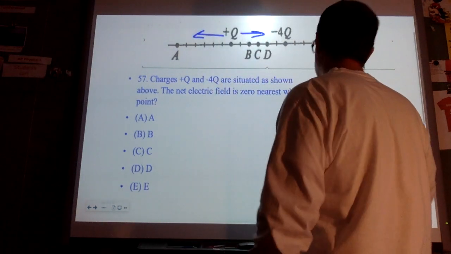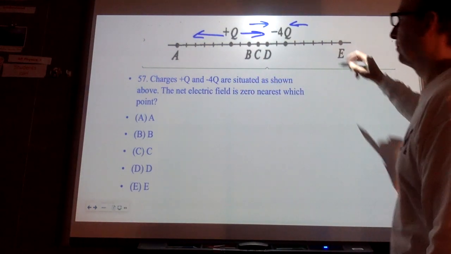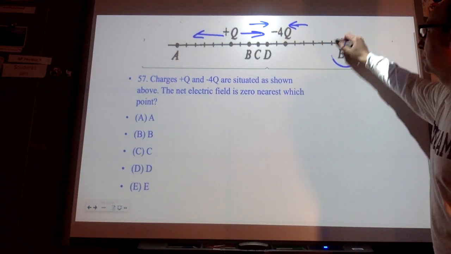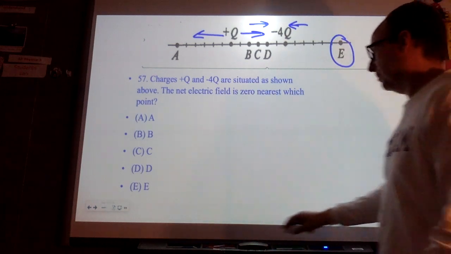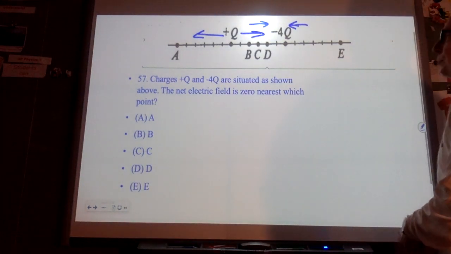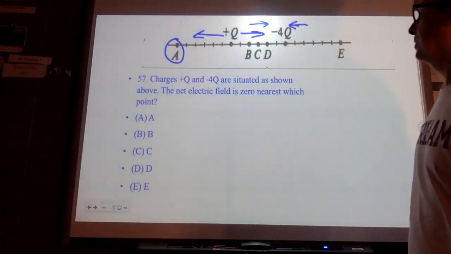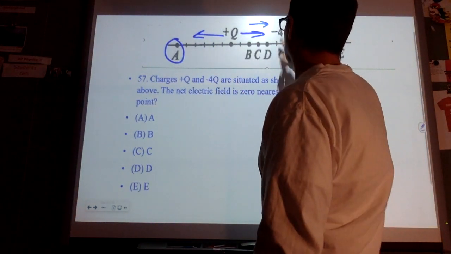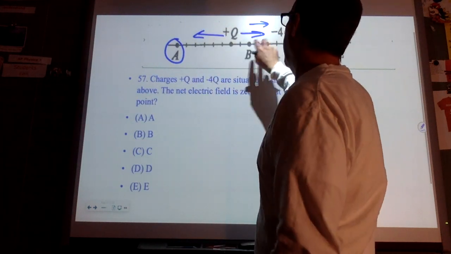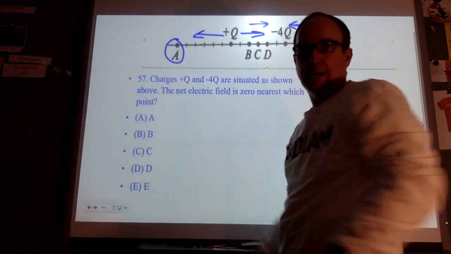The electric field from this one is going to go towards on both sides. And so, A, right? So from negative 4Q would be an electric field that way, from positive Q would be an electric field that way, and this distance here is twice the distance there.